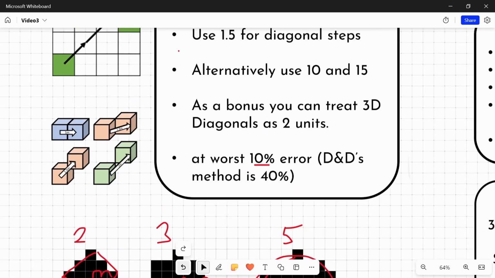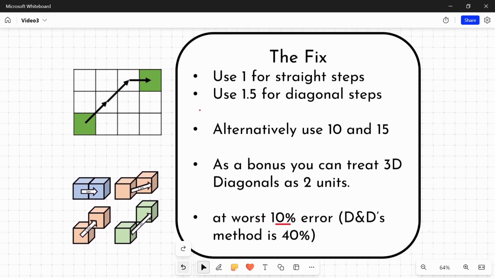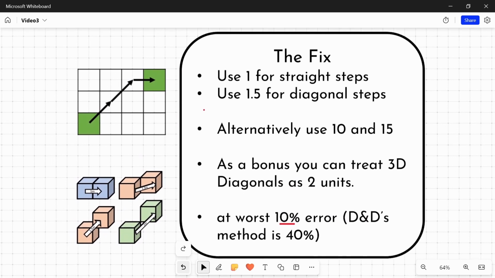Now, the last thing to say, of course, is that anyone who plays Pathfinder might know a similar system is used there. In Pathfinder, every second diagonal that you take is double the normal, which is 1. So in this case, Pathfinder would count this as 1, or 5 feet. Then the second diagonal would be 2, and then this straight would be 1.